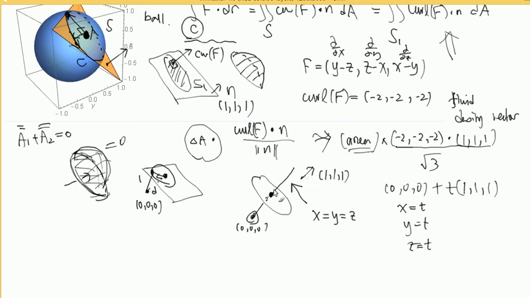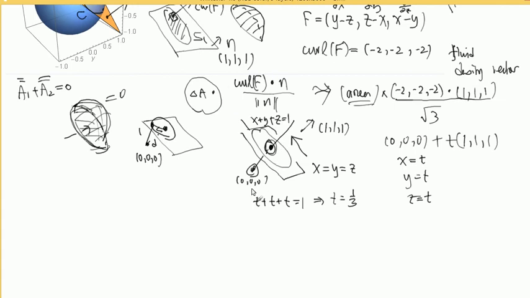When does that meet that plane, this plane equation, x plus y plus z equals 1? If you plug it in there, t plus t plus t equals 1. So t is 1/3, and that point there is 1/3, 1/3, 1/3.